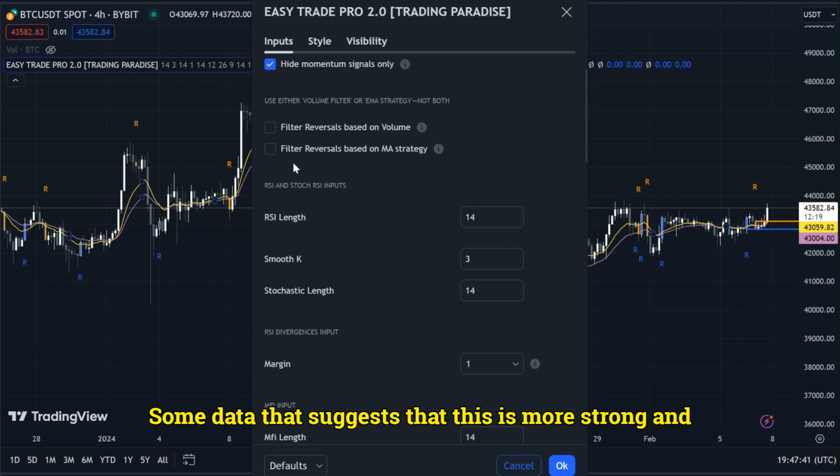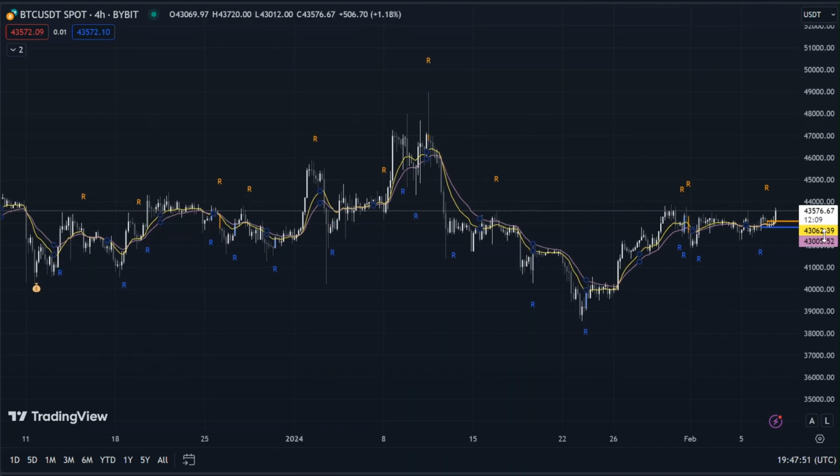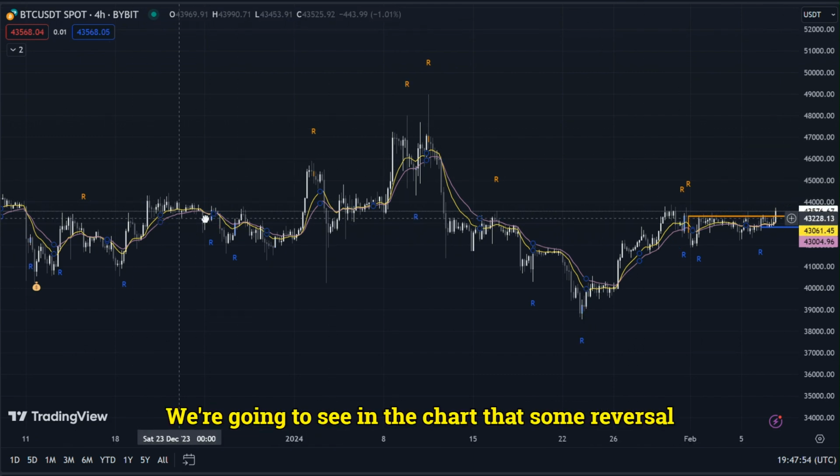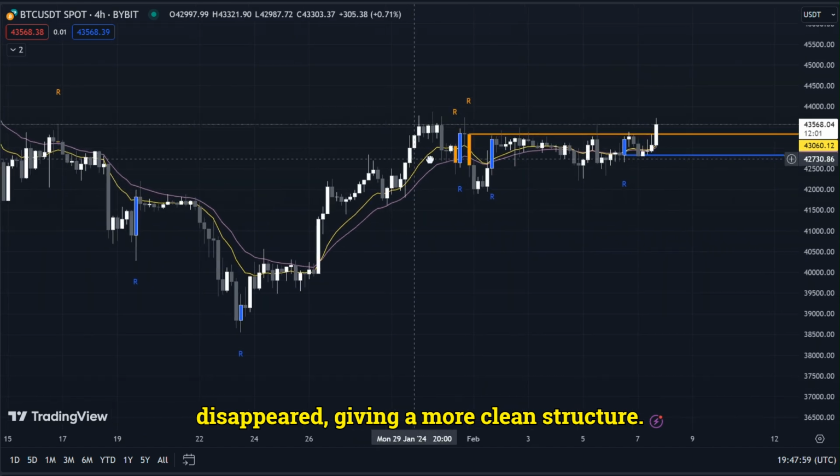And another one is based on a moving average strategy that I will explain later. So if we click here, we're going to see in the chart that some reversals disappeared, giving a cleaner structure. Okay.